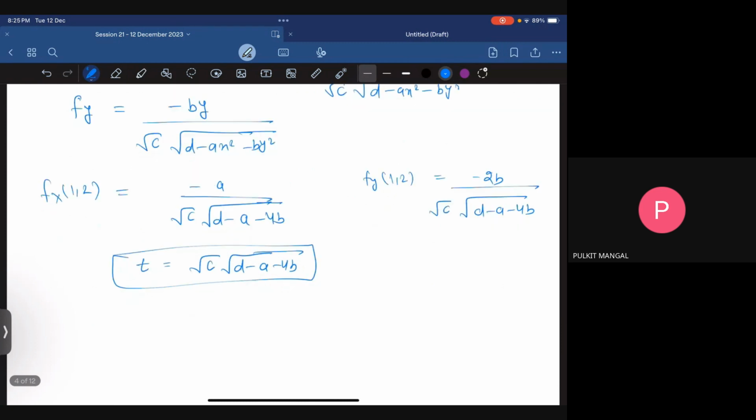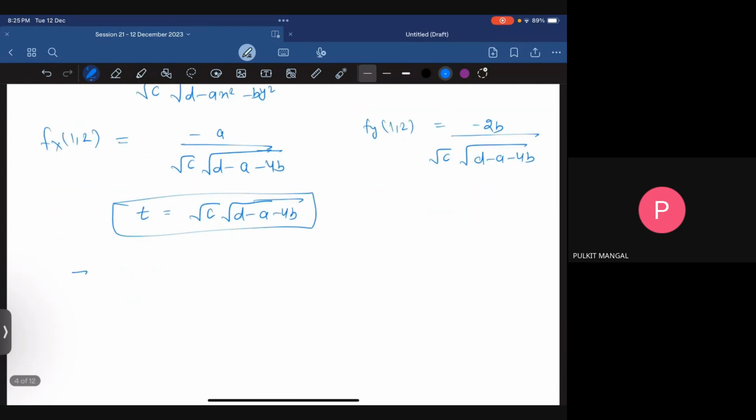to simplify the equation. Now my tangent plane equation was the value of the function at the point, plus fx times x minus x naught, plus fy times y minus y naught, where x naught and y naught is the point at which we are finding the derivative.